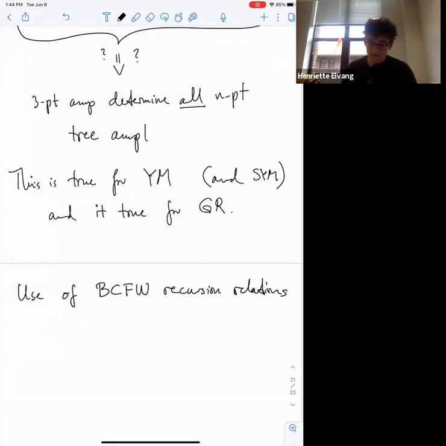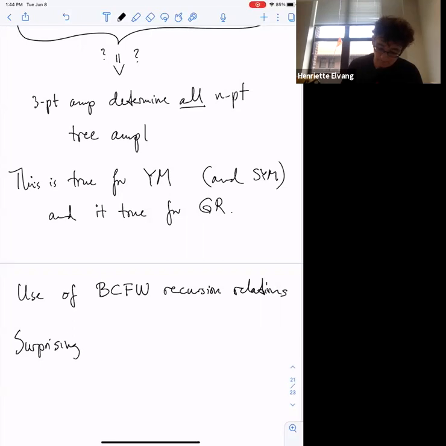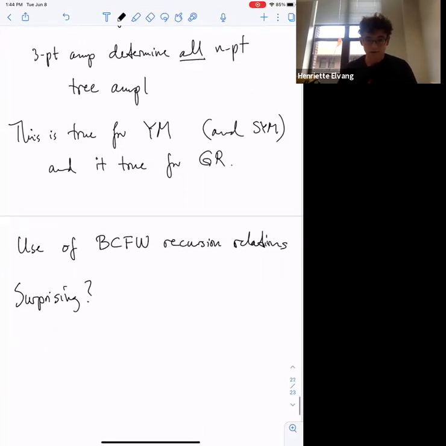So if you think about this, that might seem a little surprising, because what you learn about Yang-Mills theory is that Yang-Mills comes from something like trace F squared, or trace F mu nu squared.